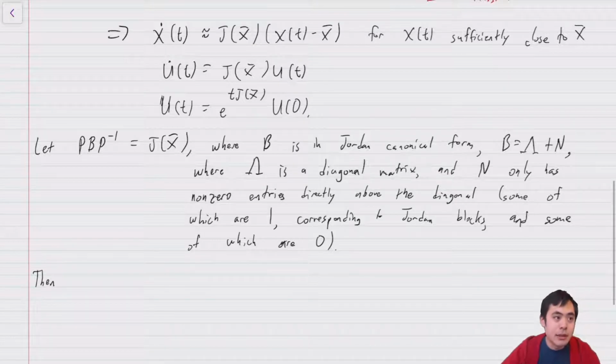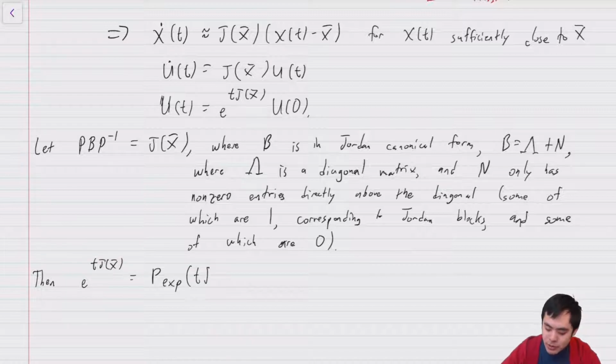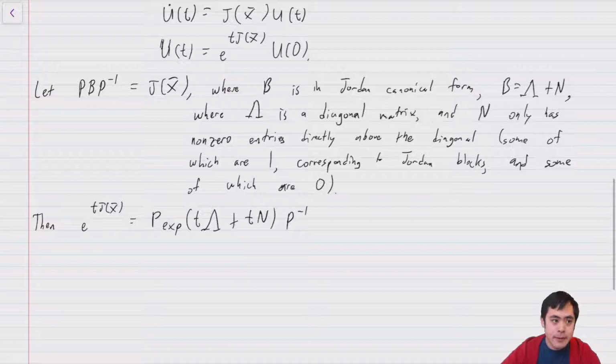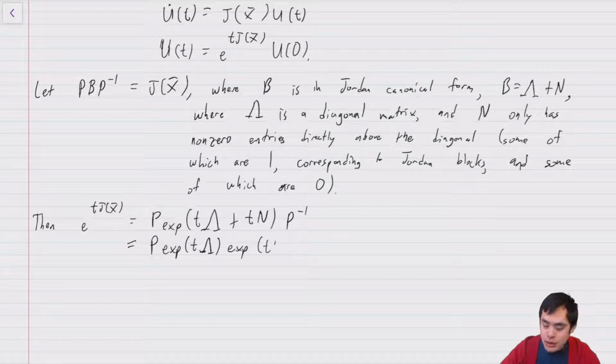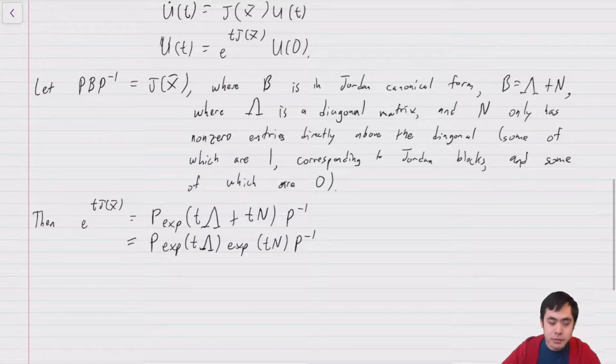Then we know that e to the tJ of x bar is going to be equal to P times the exponential of t lambda plus tN times P inverse, which is equal to, by the properties of the matrix exponential, P times the exponential of t lambda times the exponential of tN times P inverse.